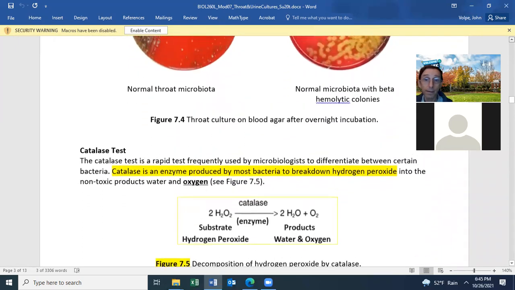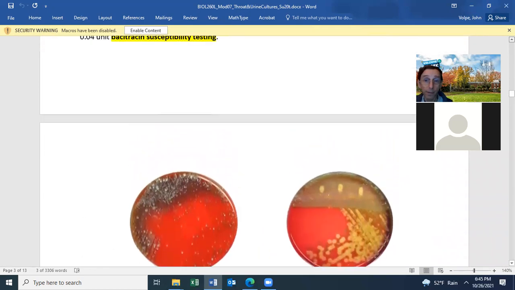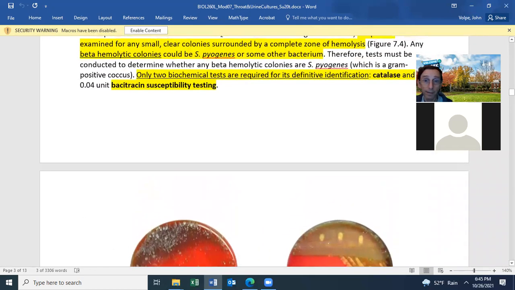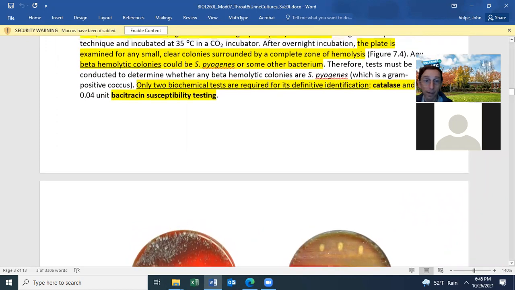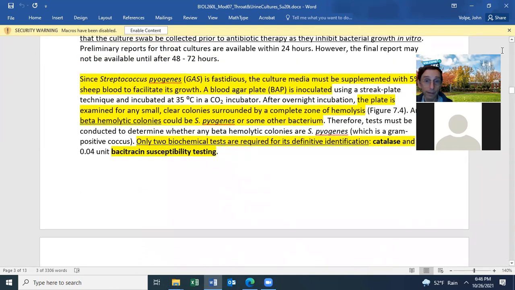All right, just looking at this, you can't be certain that this is beta hemolytic activity, that it's strep throat. And so you need to do further testing.